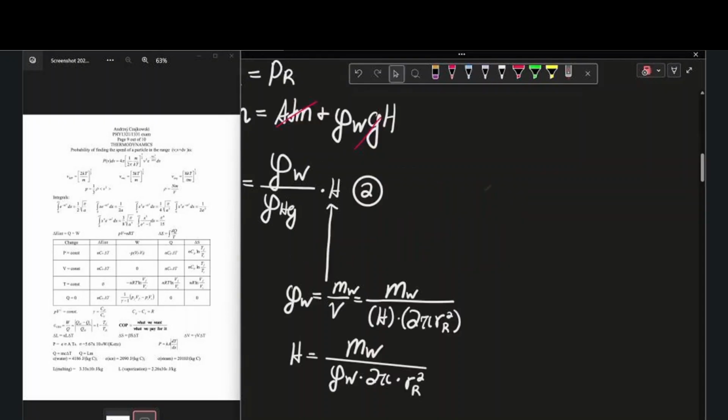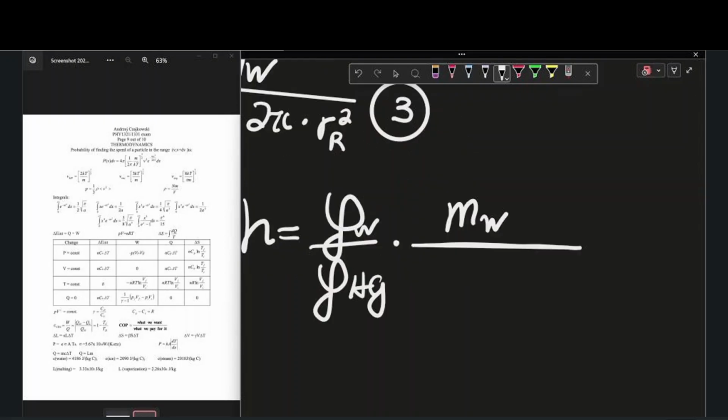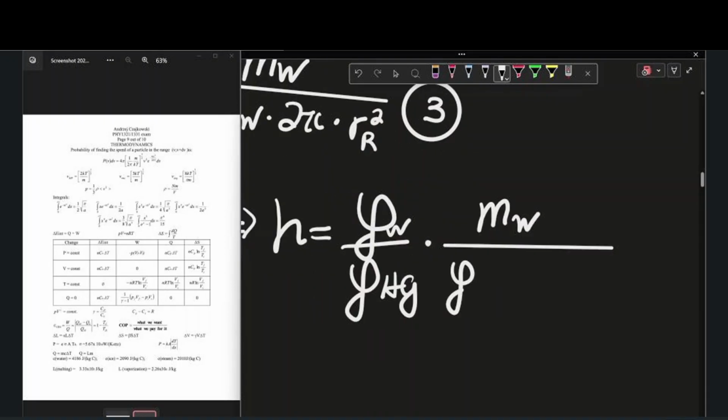So now we get equation 3. We'll combine equation 2 and equation 3 to give us h is equal to the rho of water over the rho of mercury times the mass of water over the rho of water times 2 pi r squared.